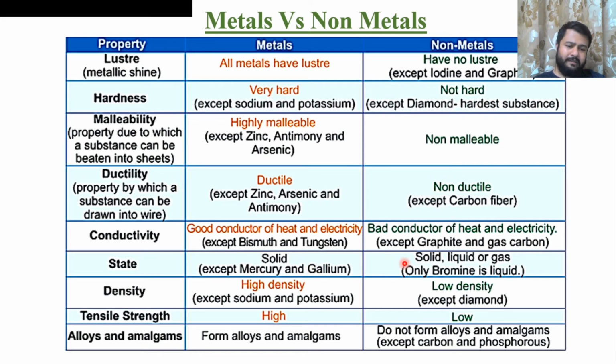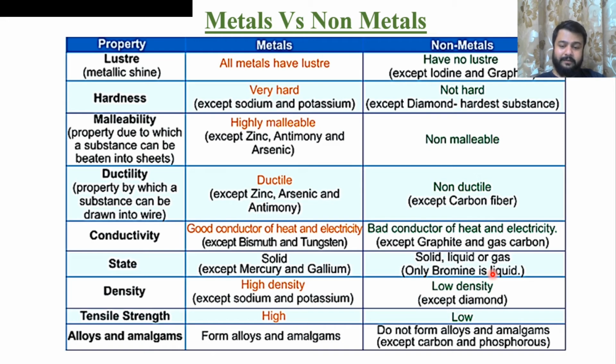Most of the non-metals are solid, liquid and gas, they occur in each and every state. Only bromine is the liquid non-metal. Most of the time students confuse which is the only liquid metal and non-metal. Mercury is the only liquid metal and bromine is the only liquid non-metal.